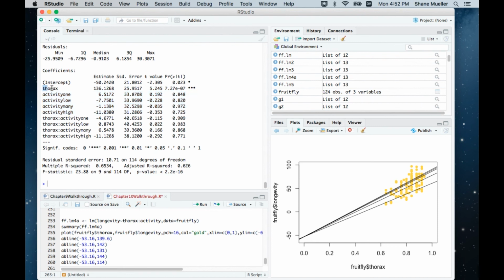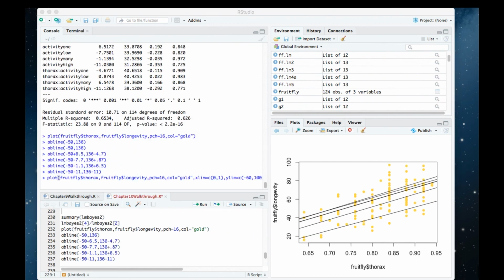This main slope is really the slope for isolated. So if you want just the isolated, it's going to be negative 50 with a slope of 136. And now for every single activity, you're going to adjust the intercept and slope. And I don't want to draw all of these lines on here, but I'll pause it and draw those on in just a second.